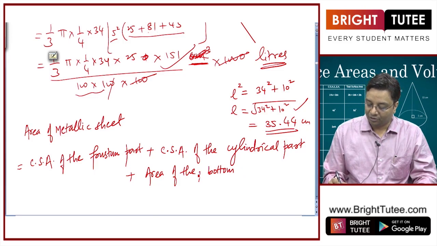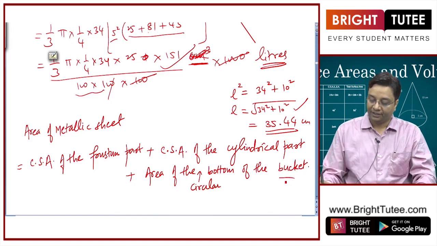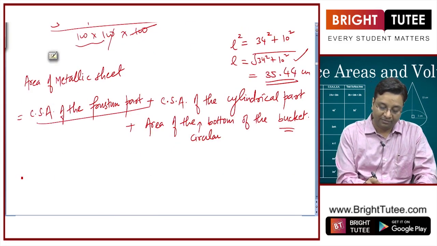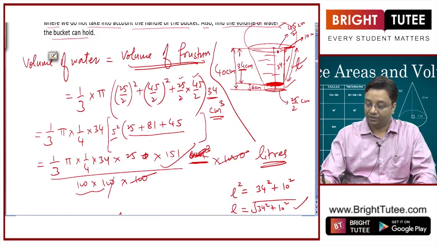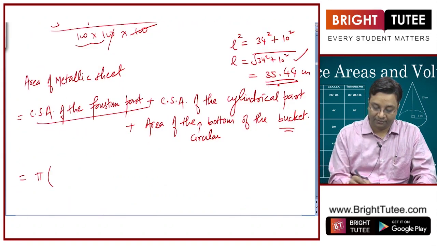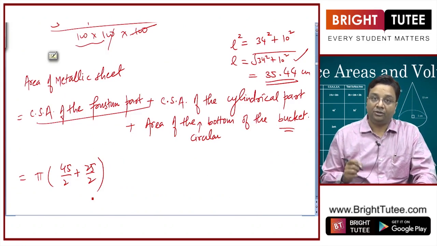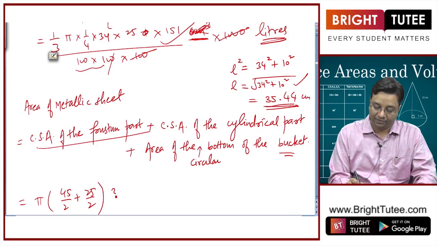We can say circular bottom of the bucket, and you have got all the dimensions that you need. Curved surface area of the frustum part can be written as pi (r1 plus r2). So 45 by 2 plus 25 by 2 here into slant height of the frustum, which we have just calculated, 35.44. So this part is done.